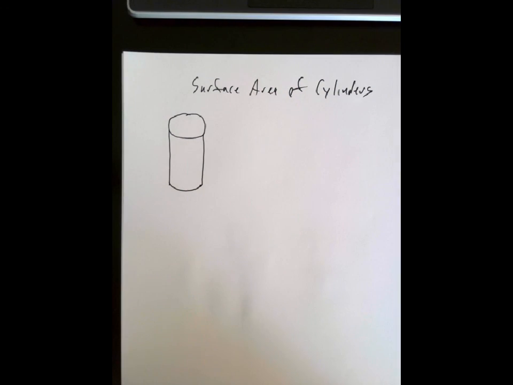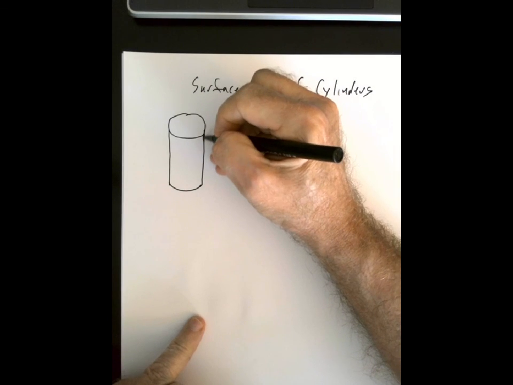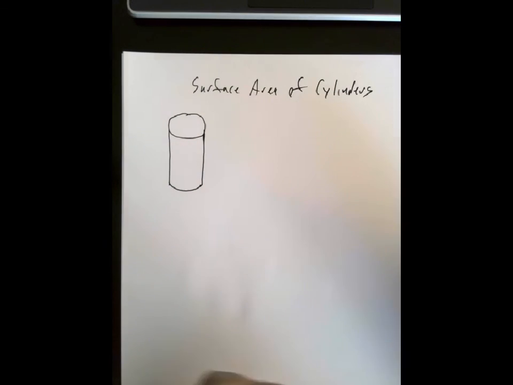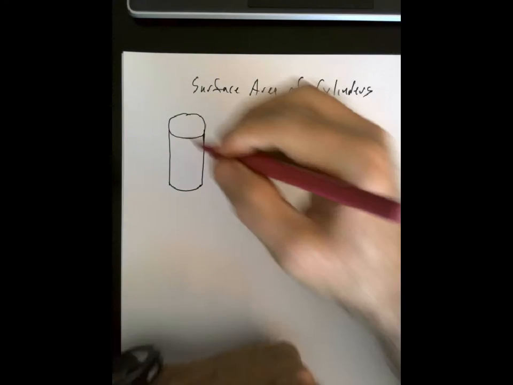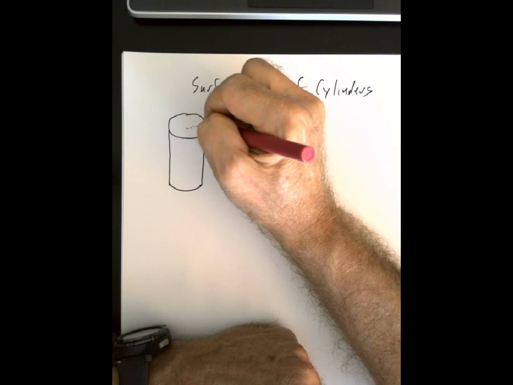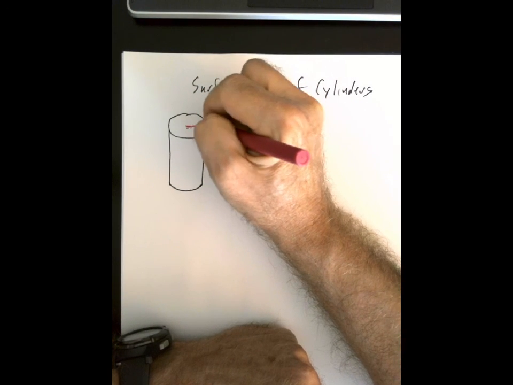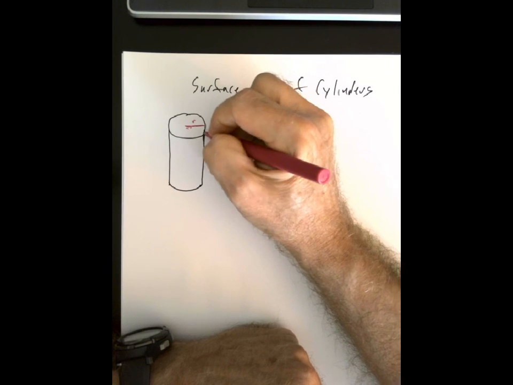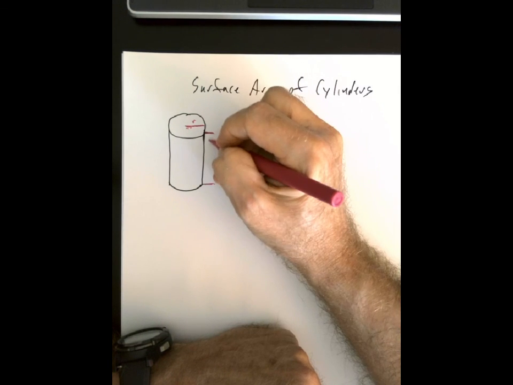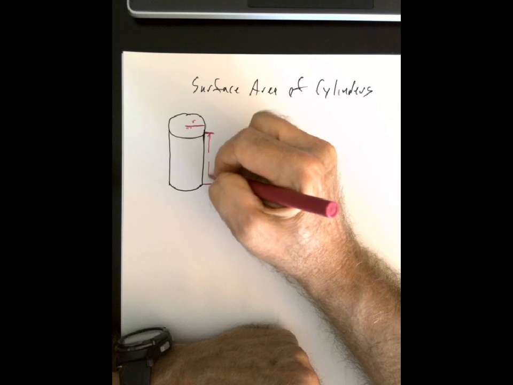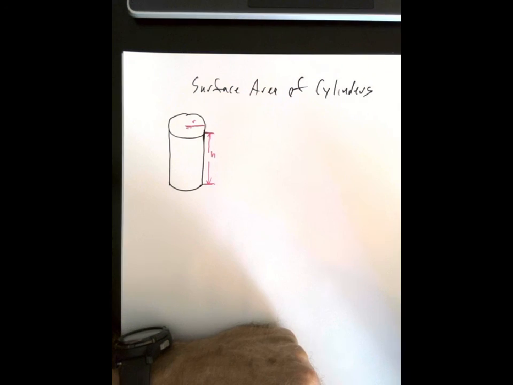Well, what are we going to know about the cylinder? We're going to know a couple of things about the cylinder. It's really got two important dimensions. One is we're going to know the radius. And the other is we're going to know the height of the cylinder, right?